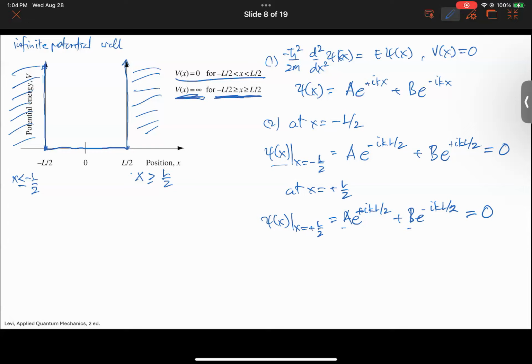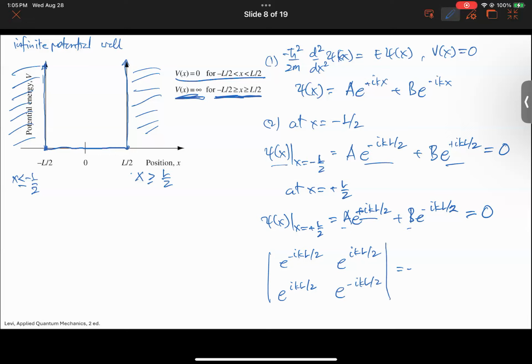We can also see the determinant of the coefficients: exponential i k L over 2, exponential negative i k L over 2, exponential positive i k L over 2, and exponential negative i k L over 2.